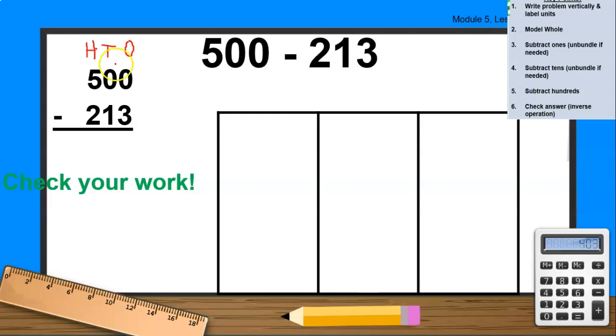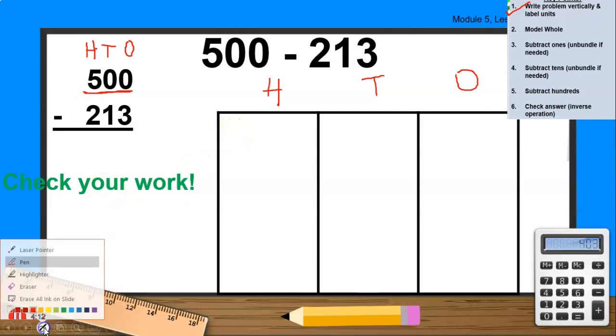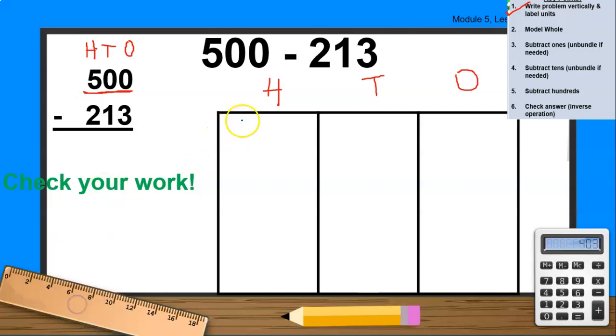When you are done writing the problem vertically, you have to model the whole. Well, let's look at the number. Which number is the whole? Yes, 500. That tells me, boys and girls, that I have 0 ones, 0 tens, and 500. 100, 200, 300, 400, and 500.